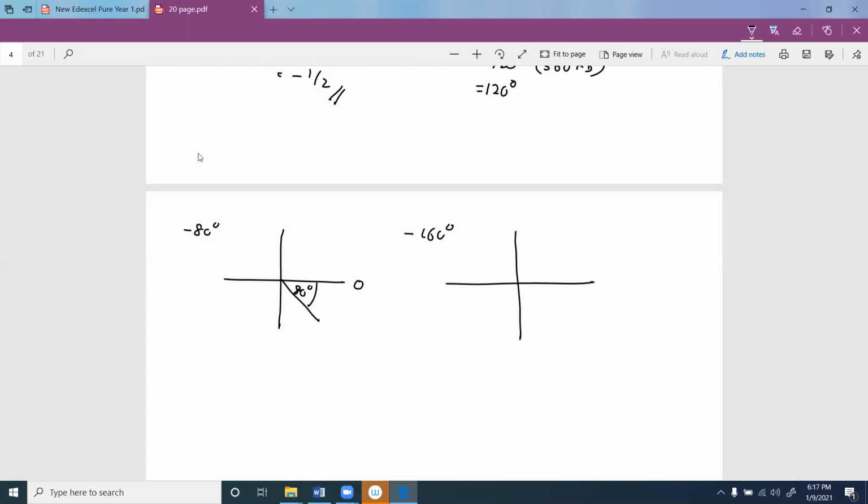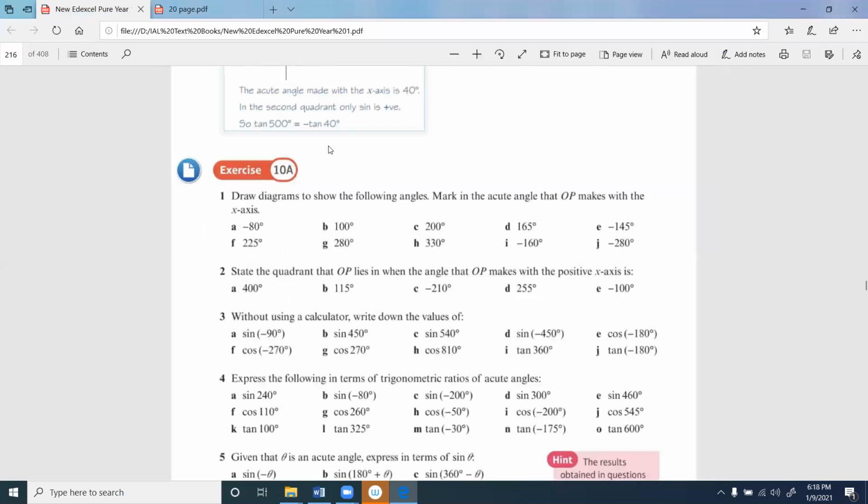Going this way, it's minus 90, and minus 160 is a value somewhere over here. Minus 160 is exactly similar to 200 trigonometrically: 0, 90, 180, 220. So whether you write minus 160 or 220, you get the same answer in trigonometric relationships. That is what they want you to worry about in this kind of situation.